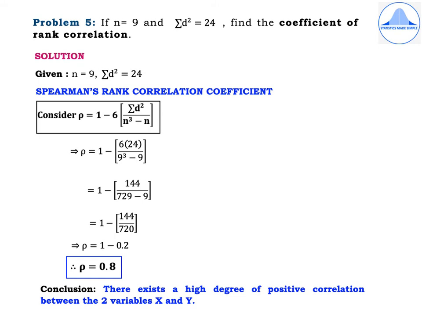Substituting the values which are given, we get rho is equal to 1 minus 6 into 24 divided by 9 cubed minus 9, which is equal to 1 minus 144 divided by 729 minus 9, which is equal to 1 minus 144 divided by 720, or rho is equal to 1 minus 0.2. Therefore, rho is equal to 0.8. Conclusion: there exists a high degree of positive correlation between the two variables x and y.